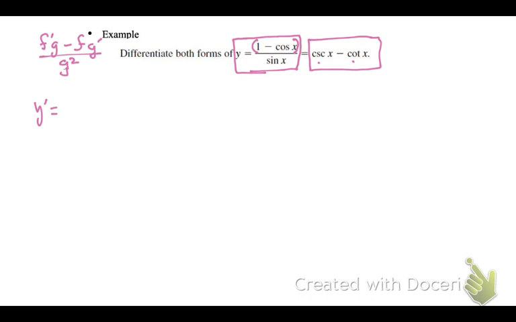It's a negative sign. And so minus a negative sign. Why minus? Because there's a minus right here. Minus the top, which would be 1 minus cosine, times the derivative of the bottom. The bottom is sine, so the derivative is what? Cosine. All over the bottom squared.